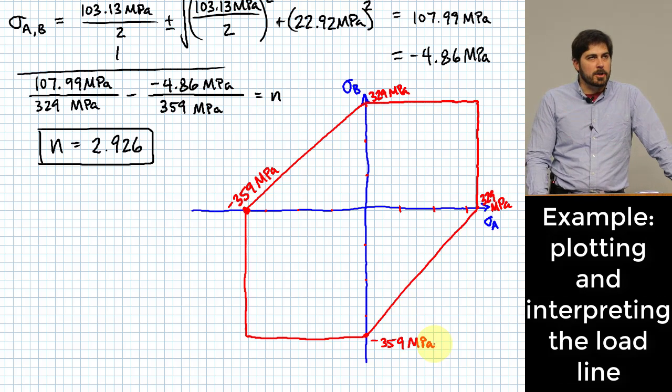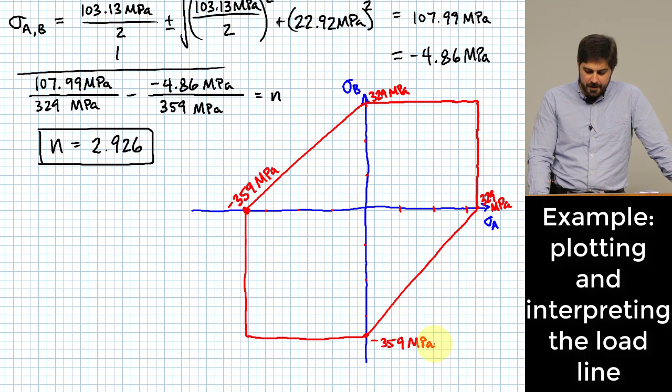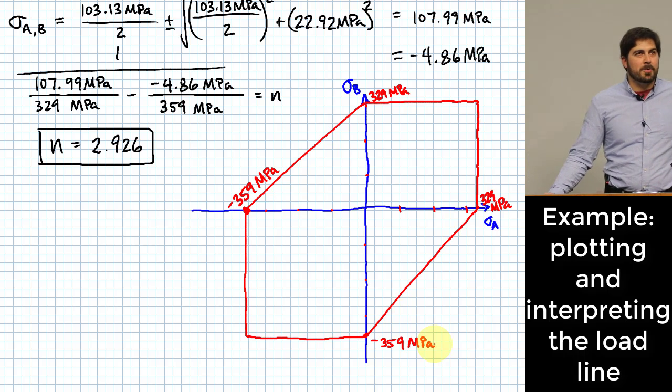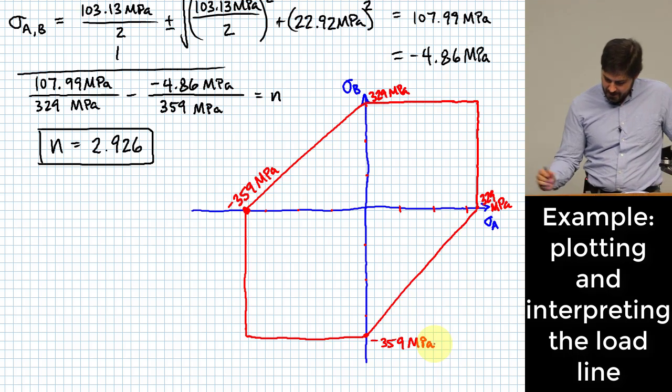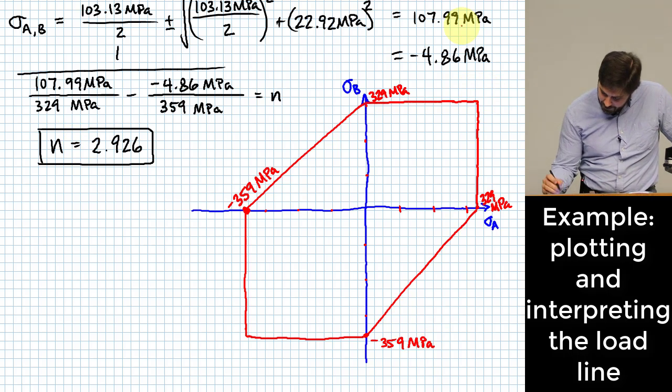And what about plotting our load line? It's not actually very far down off of my straight rightward axis, but it goes over by 107.99.